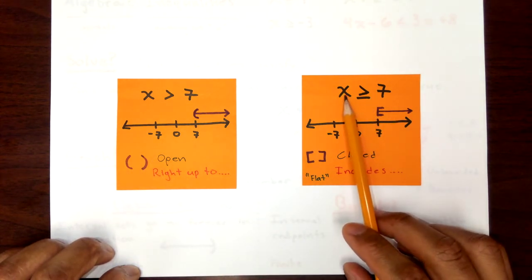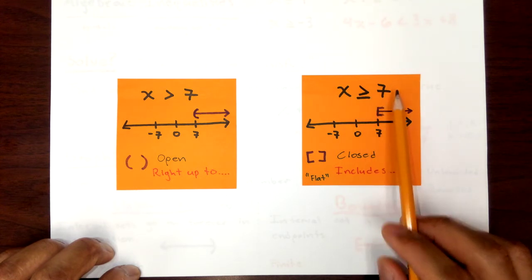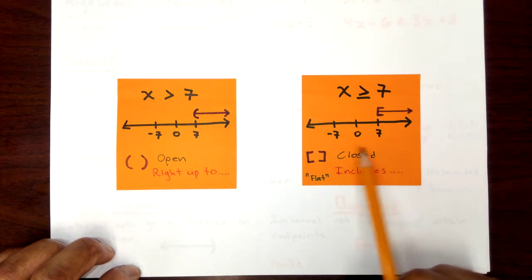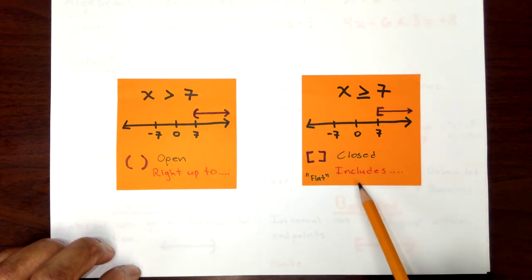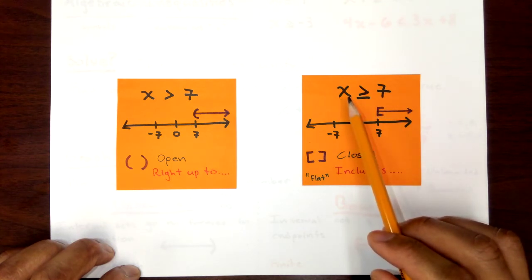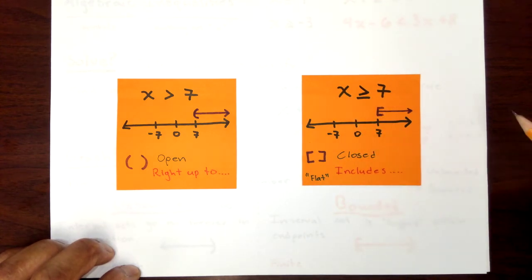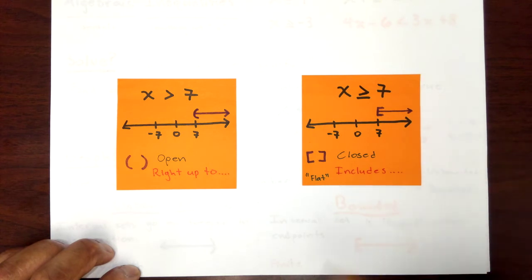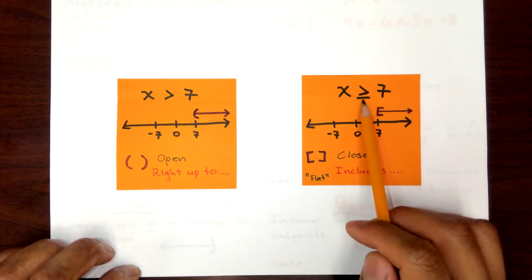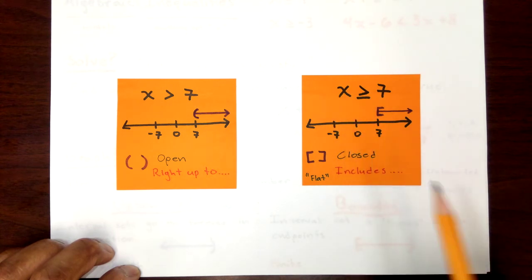But in this case, we have x is greater than or equal to 7, in which case we use a bracket. Now, a bracket means that it is a closed interval. That means that it does include 7. So the answer for x could be 7, 7.1, 7.2, 800. Anything that is greater than or equal to 7 is a possible answer for x.